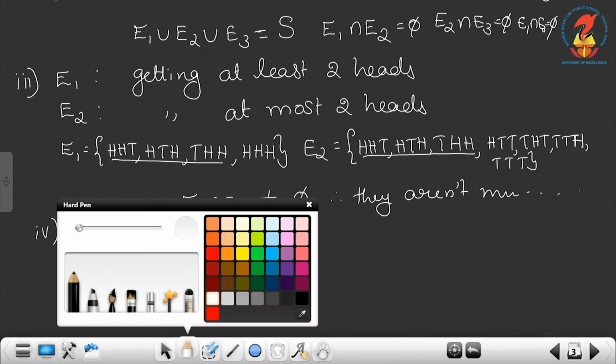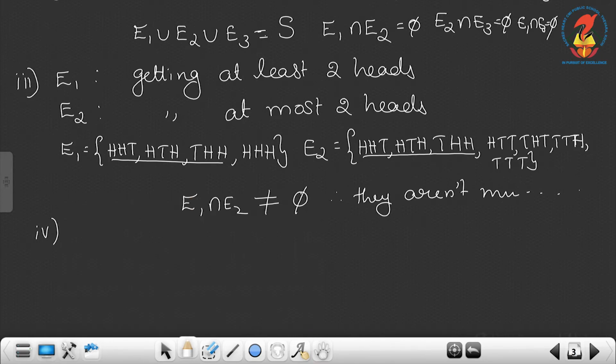In the third example, E1 union E2 means HHT, HTH, THH, then triple H. Then here 1H and 3T. When we take their union, it is same as the sample space. So this example we can't write. You have to describe in another way. Write 2 events which are mutually exclusive and at the same time not exhaustive.